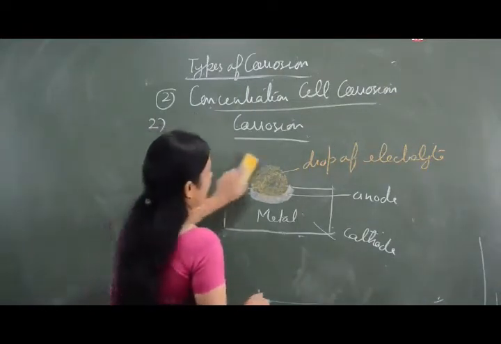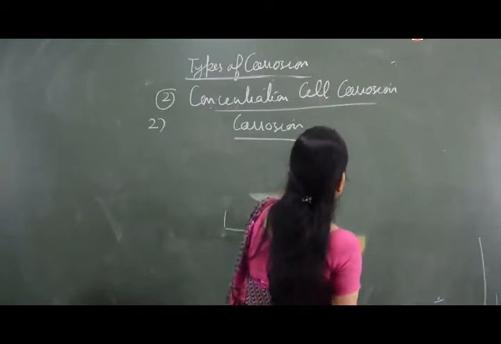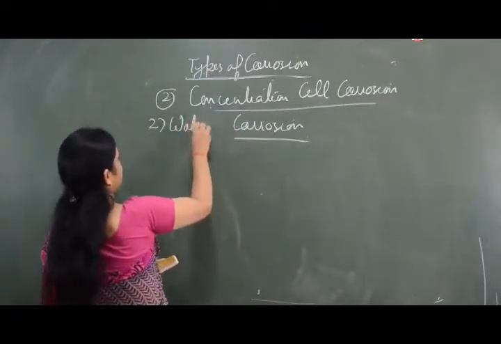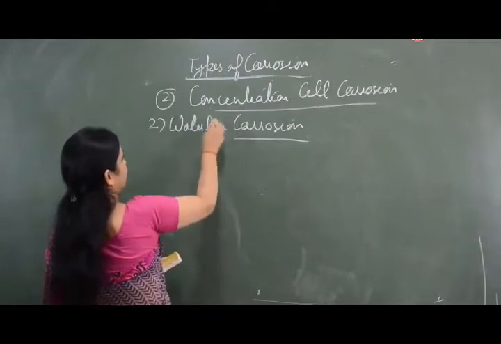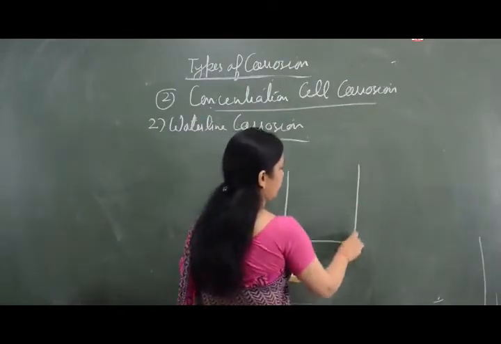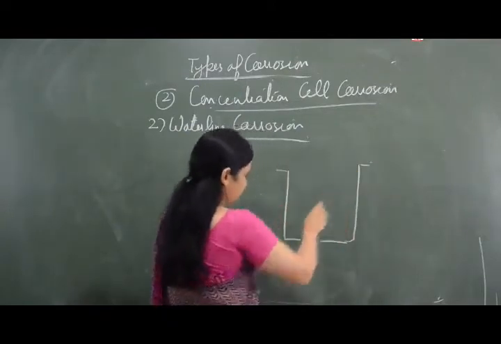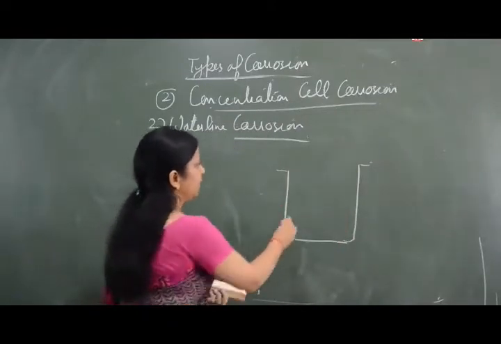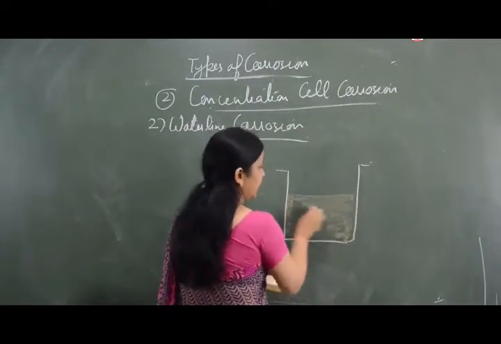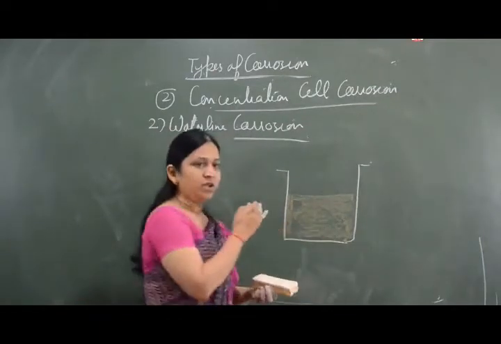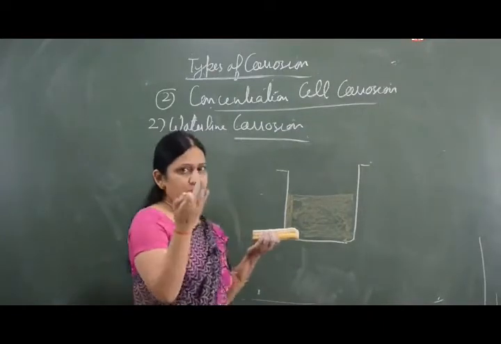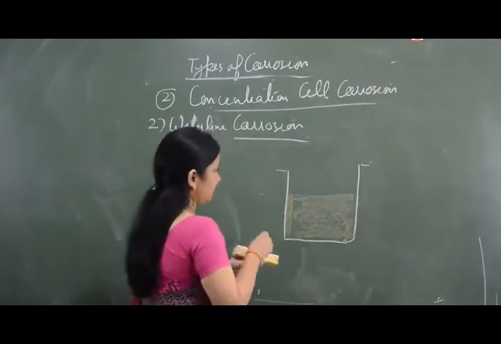The next we have waterline corrosion. Now waterline corrosion means we again have a water tank which is filled up with an electrolyte, and again the tank is made up of iron. In the previous drop corrosion, the metal was iron, because then the equations are going to remain the same.